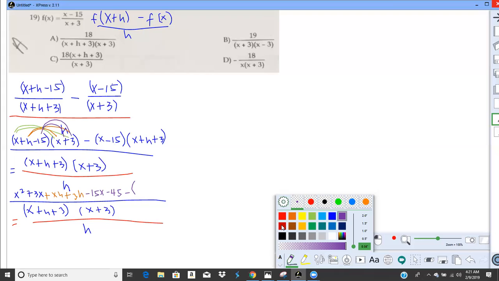Let's start with x on these three: x squared plus xh plus 3x. That's for the x. Now negative 15 on each: negative 15x, negative 15h, negative 45.